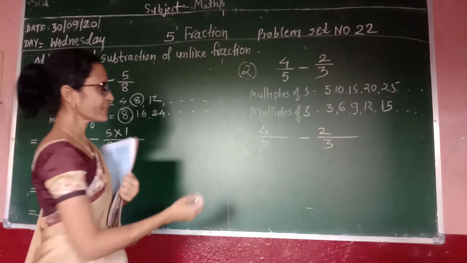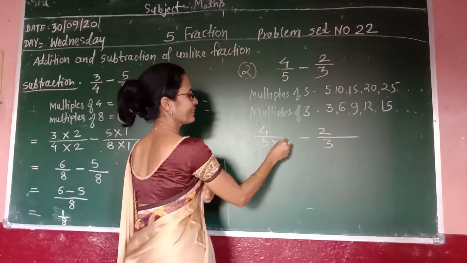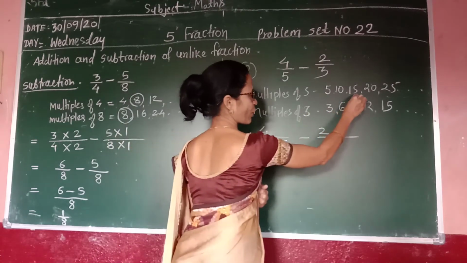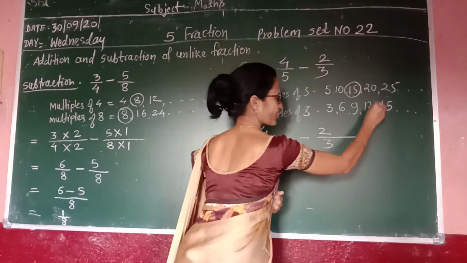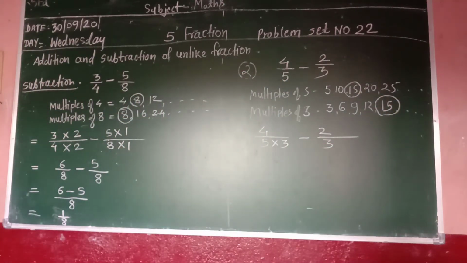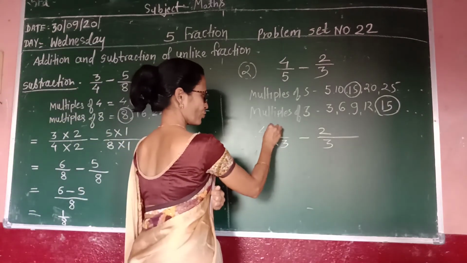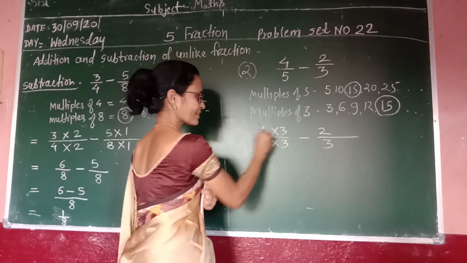Okay, look here. 5 3s are 15. It's a common multiple. Look here, 15 is common in both the tables. So 5 multiply 3, you multiply the numerator also by 3.